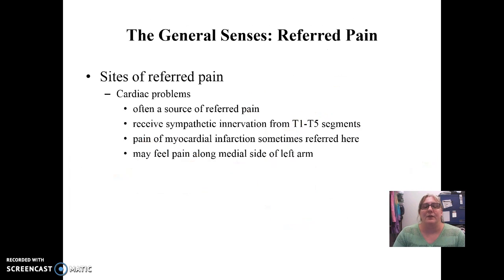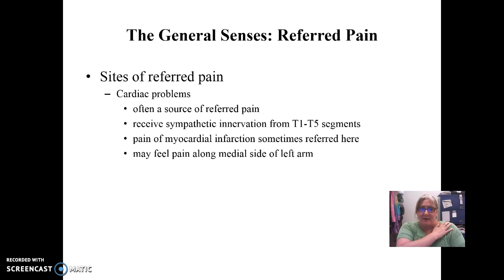Other types of referred pain, most people have seen or have heard of cardiac problems being associated with arm pain and jaw pain and neck pain. So when you're having a heart attack, for males especially, the heart is not getting the oxygen it needs. So the heart muscle is actually being impaired and is dying.